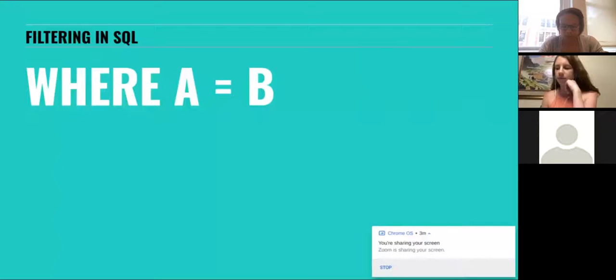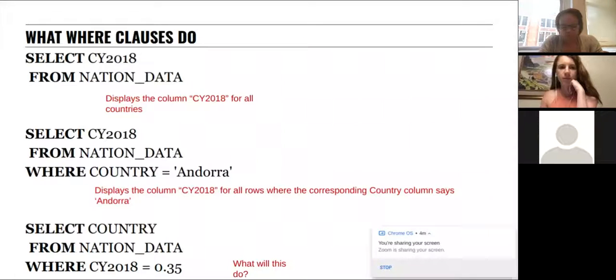And obviously what we want to do is we want to be able to do some filtering. So we'll start with the most simple filter there is, which is just an equality filter, where we're asking, I would like just a row to have a value in it which is equal to something else. So I'm taking it that you've already done some SQL before. And so this first example up here, the select CY 2018 from nation data, makes some sense to you.